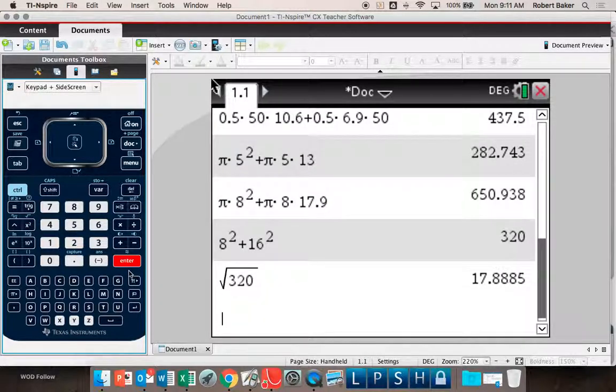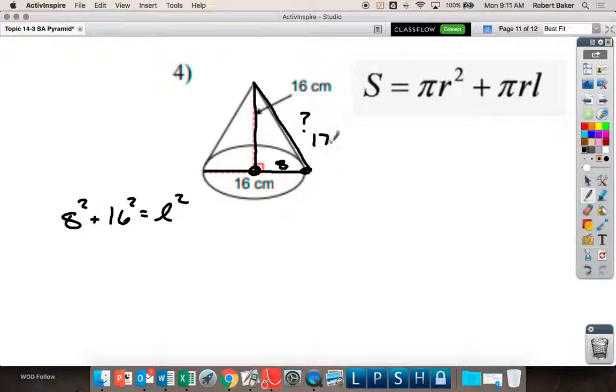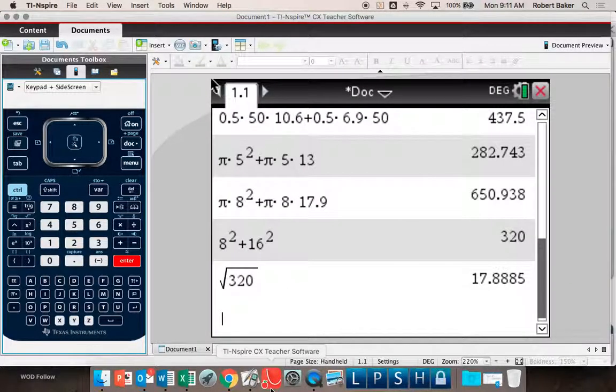And that means that our slanted height is 17.9. Then it becomes the exact same problem we just worked on. Pi r squared plus pi r L. 650.93.